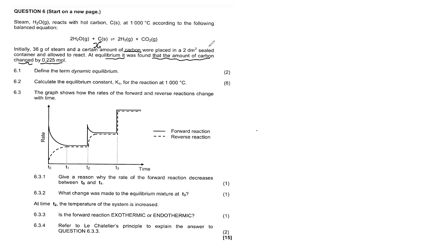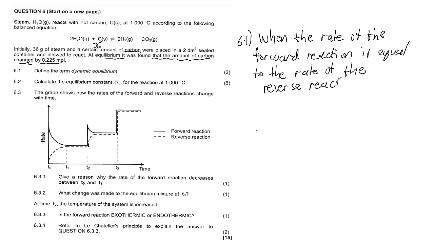But we'll get to that in a few minutes, after giving the definition for dynamic equilibrium. So what is the definition? It's a state in our chemical equation where the rate of the forward reaction is equal to the rate of the reverse reaction, right? Okay, so let's now proceed.